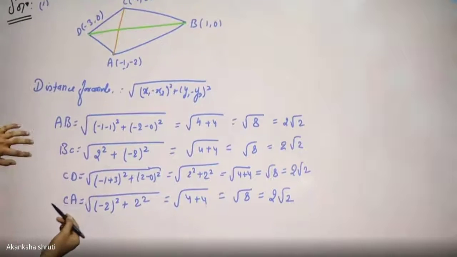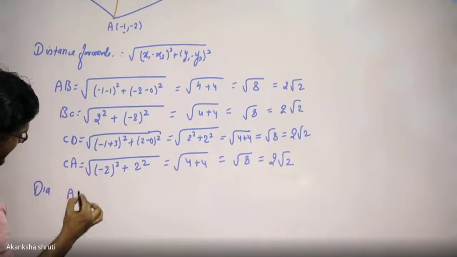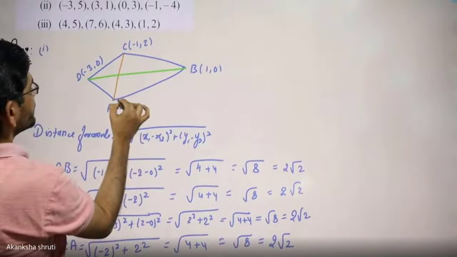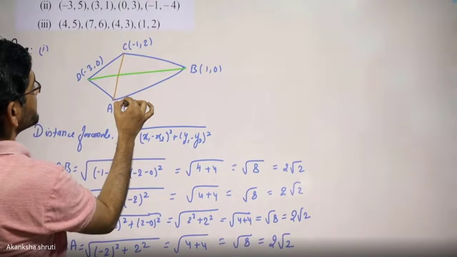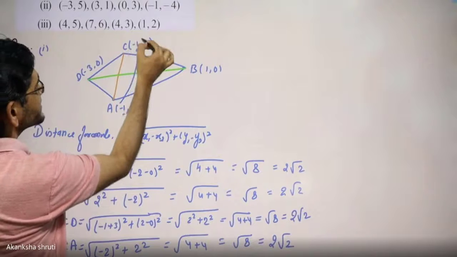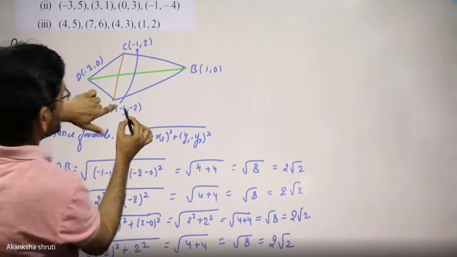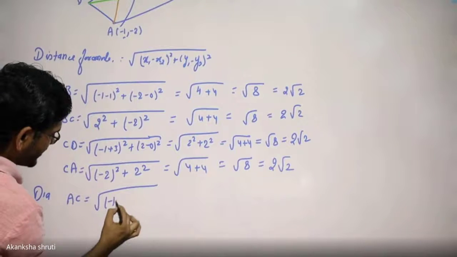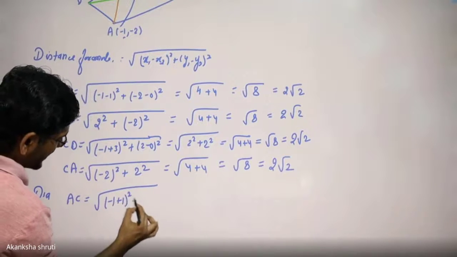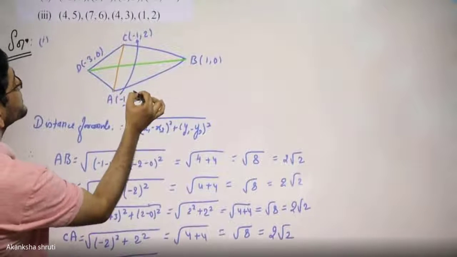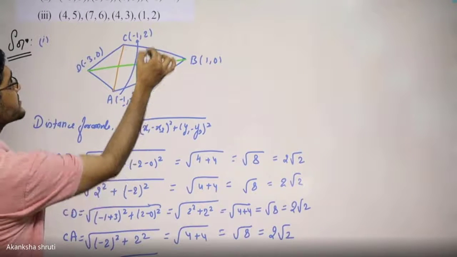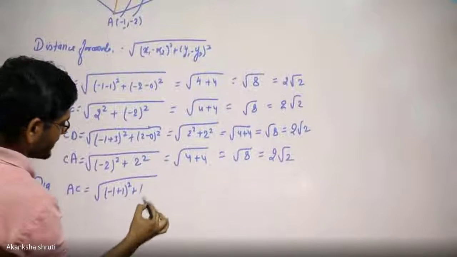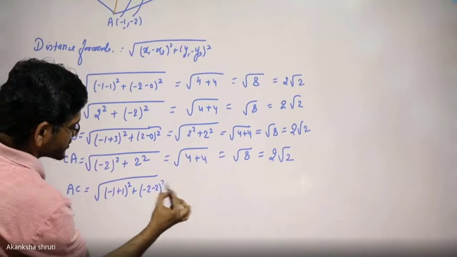So let us calculate the diagonal AC, under root. Students, keep in mind, for this we have to take A: minus 1 minus of minus 1, it becomes minus 1 plus 1 square, plus, considering the y, minus of 2 minus of minus 2 square.